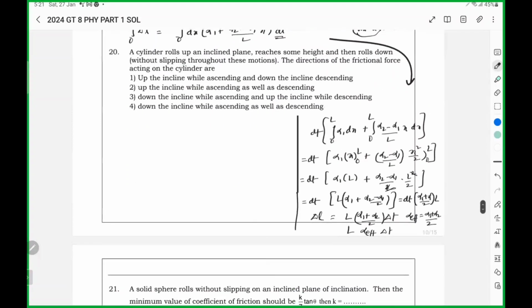Here in this case, when a cylinder rolls up an inclined plane, rolls down without slipping. Without slipping means V equal to R omega.